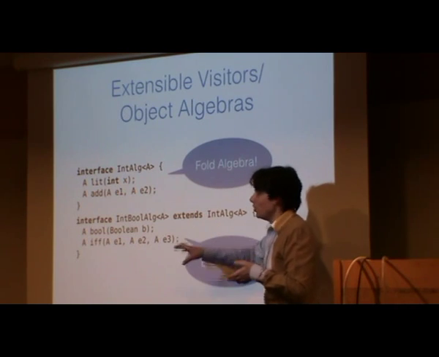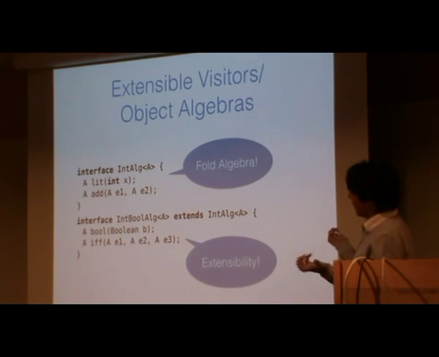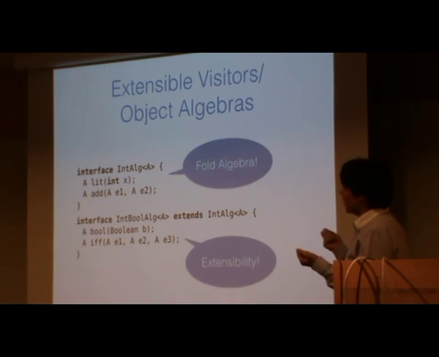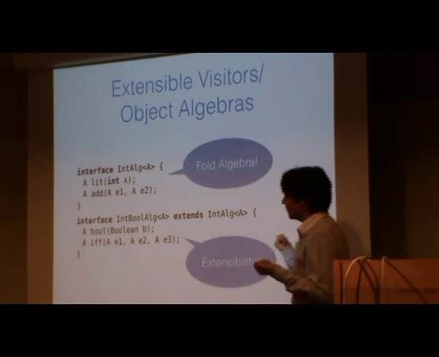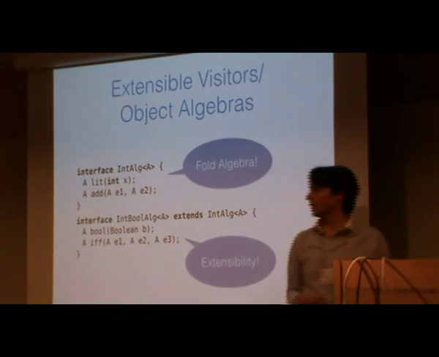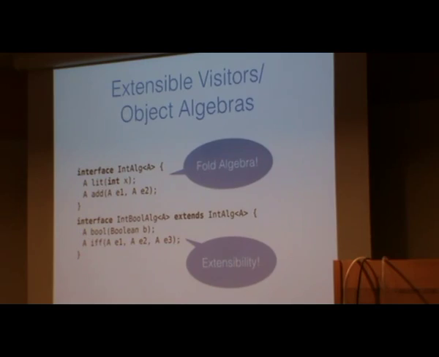And if you want to add new cases, if you want to have some form of extensibility, all you have to do is to use interface inheritance. And basically that will give you the extensibility of the algebras. So I'm not showing you the full solution, but part of the core of the solution is this observation, that you can use these mechanisms to give you extensibility.